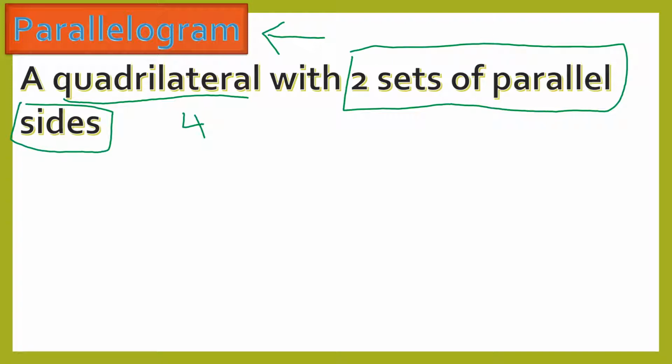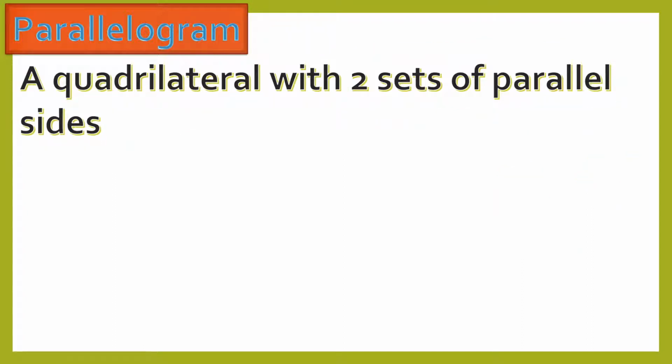2 sets. So remember the rectangle. This side would be one set of parallel sides. This would be two sets of parallel sides. Oh, I found my first parallelogram. Two sets of parallel sides.